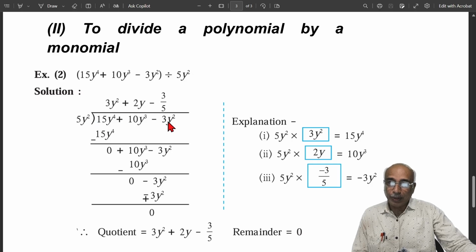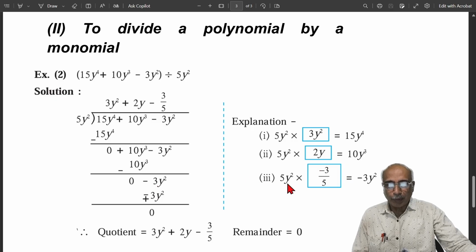Next, very important, minus 3y square is coming here. Now here it is 5y square. So if I multiply, what do I get? The explanation is given as 3y square multiplied by the minus sign. Whatever sign is here, the answer must be the same. So when you subtract, the sign will change, it will be the opposite sign.